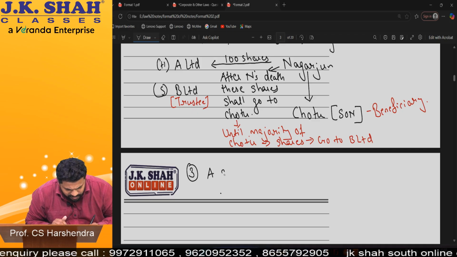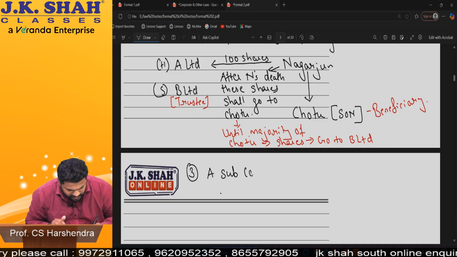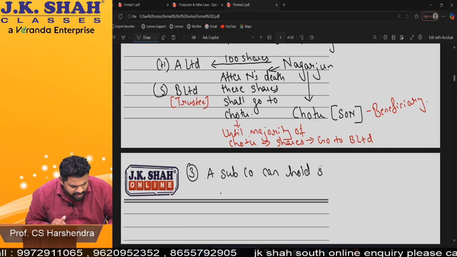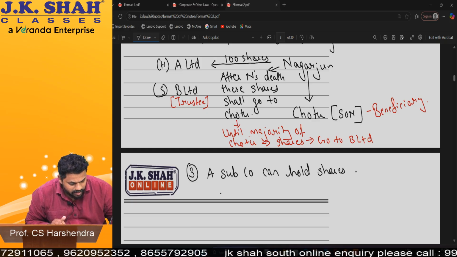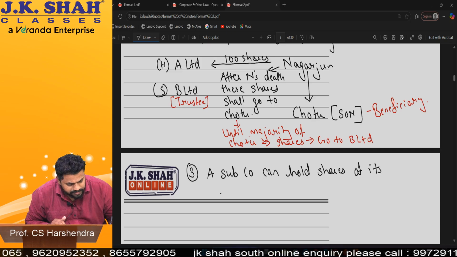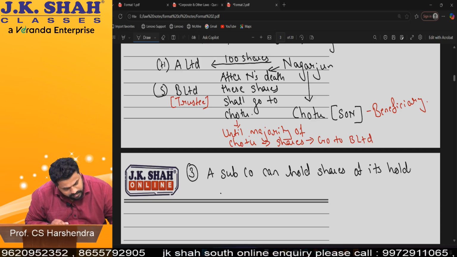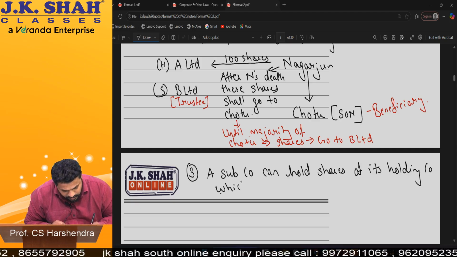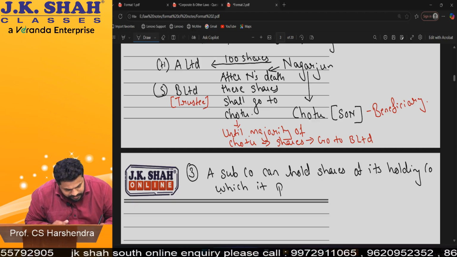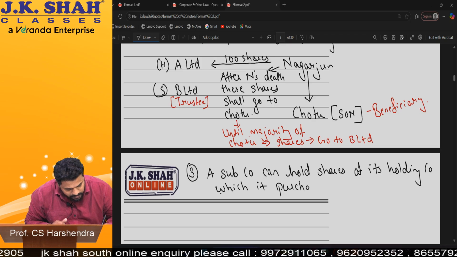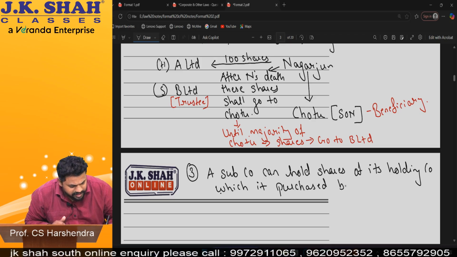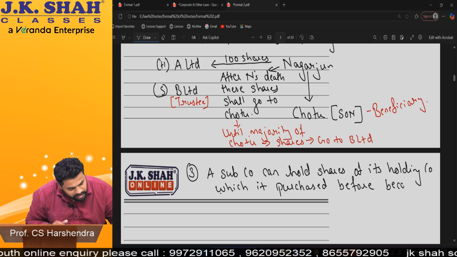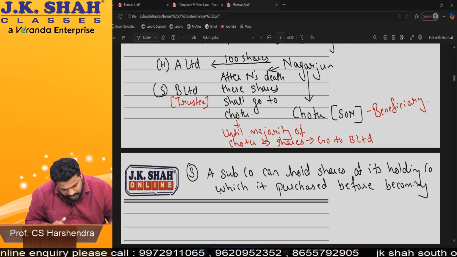A subsidiary company can hold shares of its holding company which it purchased before becoming a subsidiary. Before becoming a subsidiary. Did you understand this point?